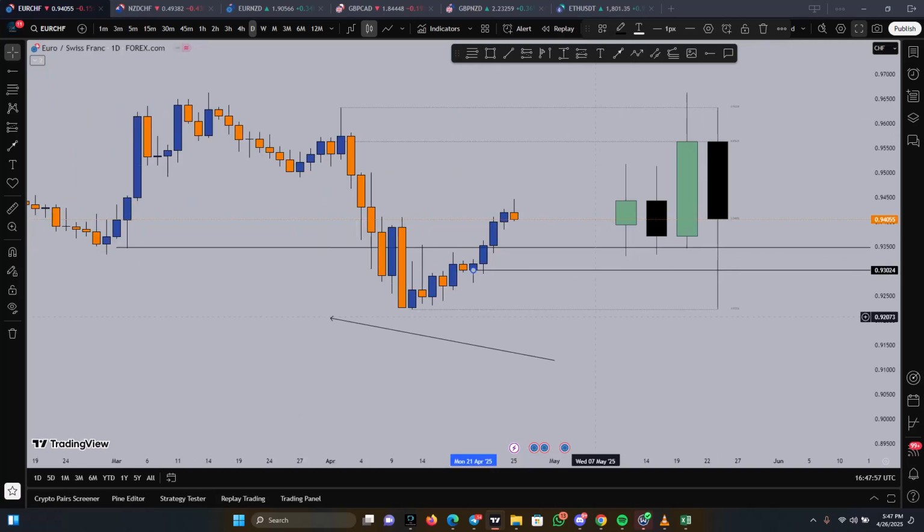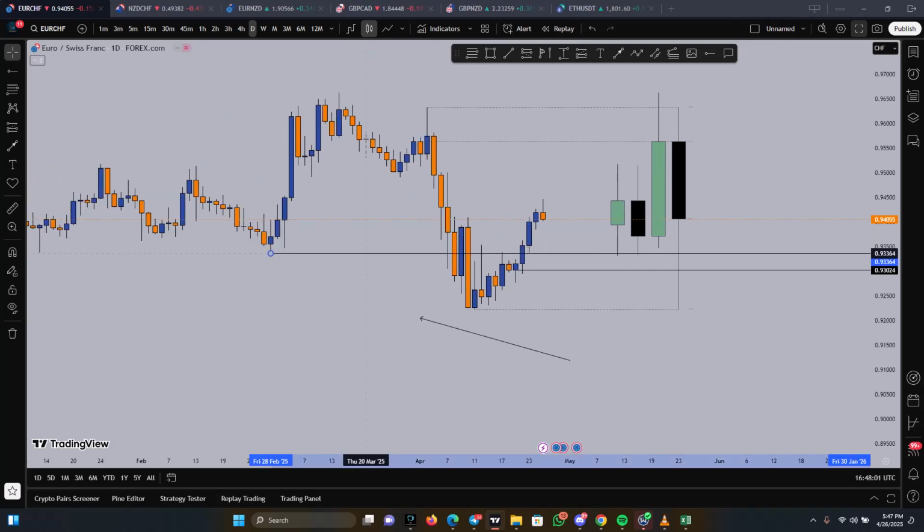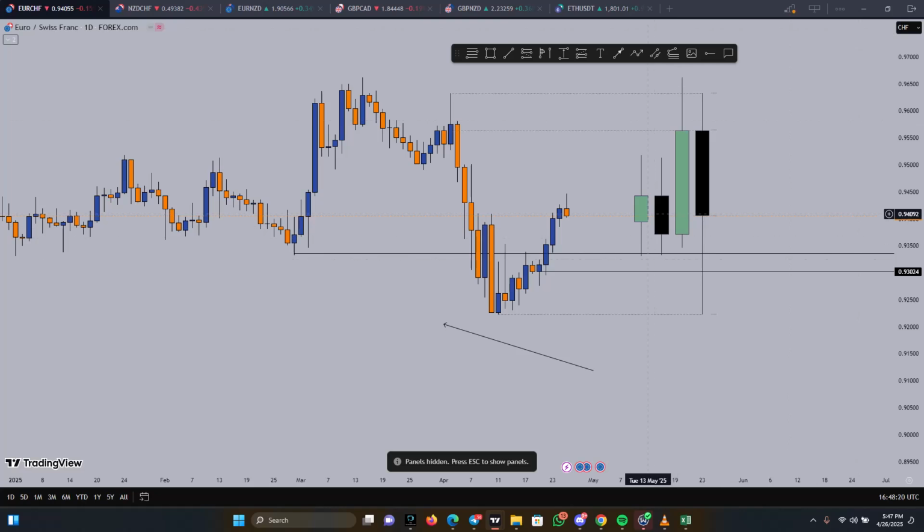Now, since I'm placing my stop loss there, what am I going to be doing? What am I looking out for? Now, I'm looking to buy from this area. Which area?